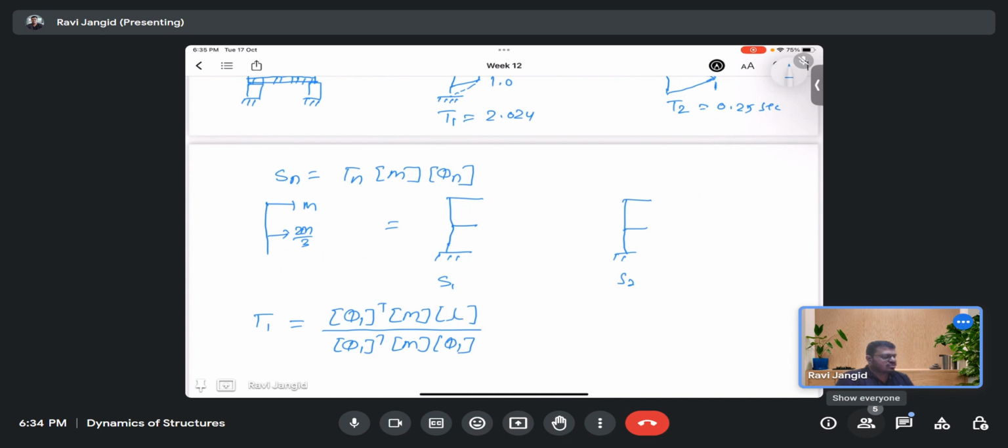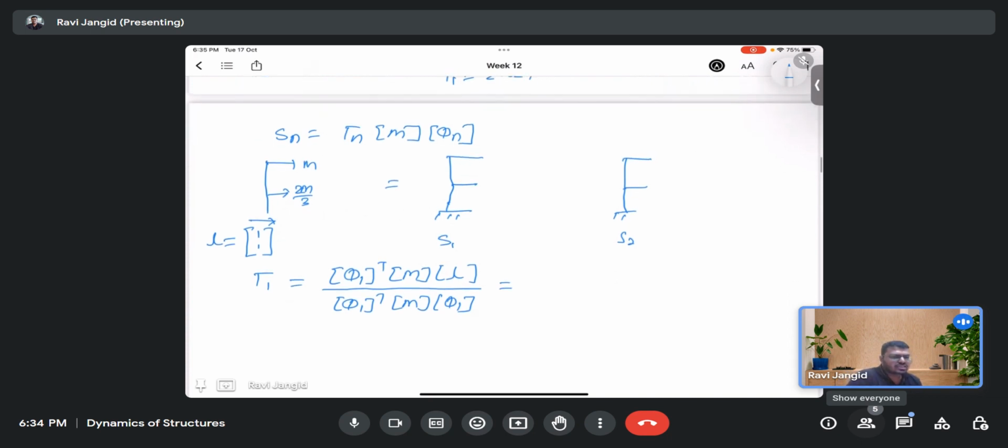So the L is what? If the ground motion is applied in this direction, my influence vector L would be 1, 1. Using that, can you give me gamma 1 and gamma 2? Please try.